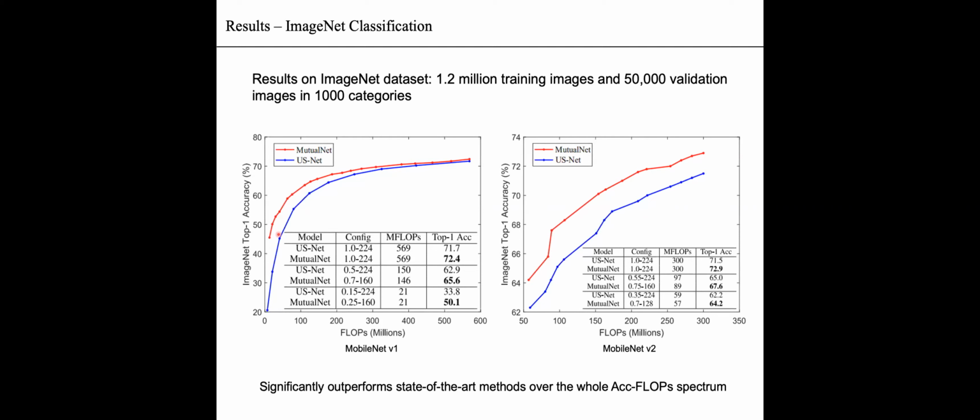We also did another baseline using MobileNet v2 as the backbone, and a similar trend can be observed. Our method consistently performs better than the slimmable network. One thing to note is that because ImageNet is a large-scale dataset, even a 1% improvement can be considered considerable.